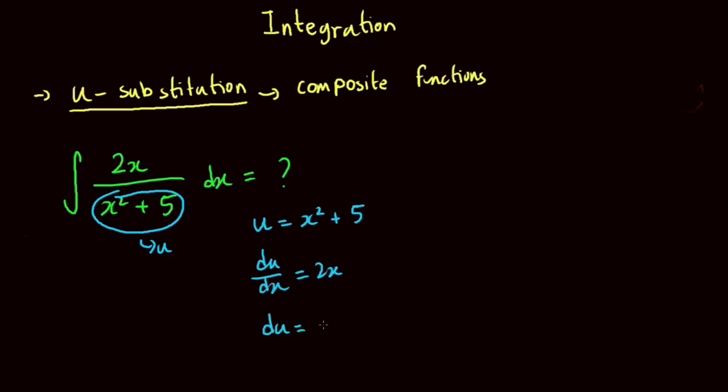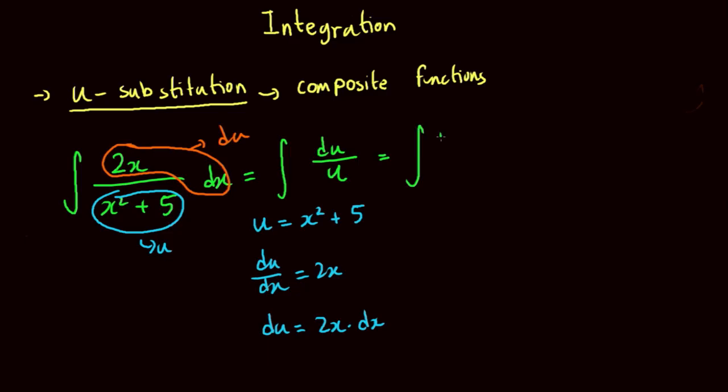So my du is simply 2x times dx, which is perfect because our 2x times dx, we can write as du. So if I rewrite the integration again, what will I end up having? I'll end up having du over u, which can be equated to the integral of 1 over u with respect to u.